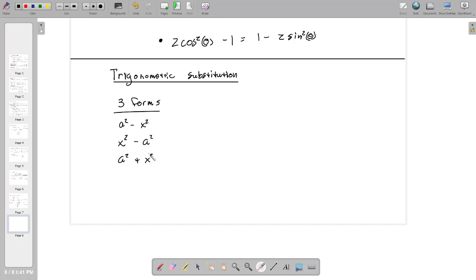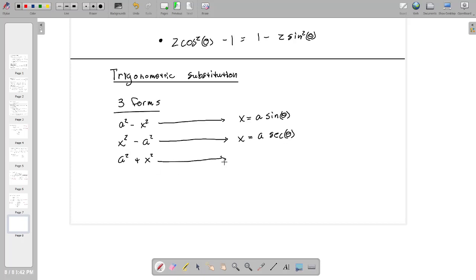Now, each of these takes a special function. Here, for the first one, we substitute x equals a sine, and you want to change your variable, so we use theta instead of x. I'll explain why we do this in a second, but for the second form, x is equal to a secant theta.